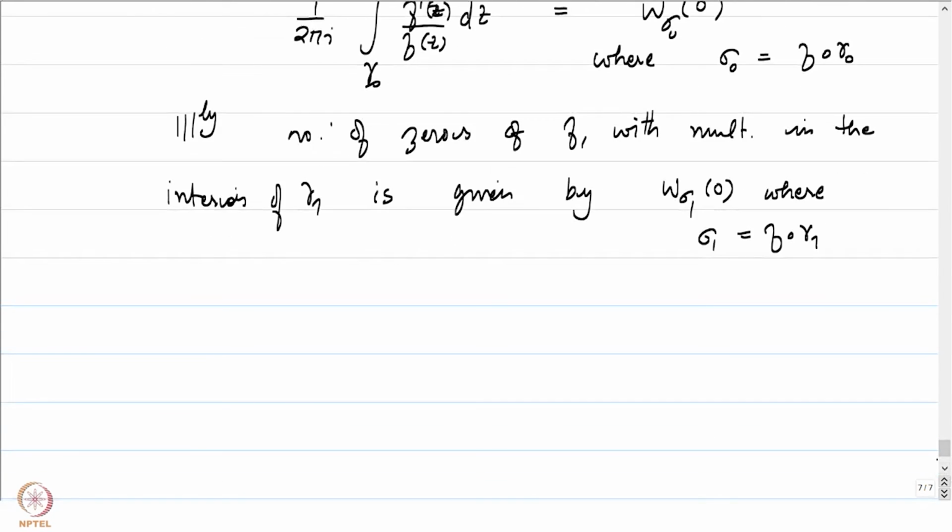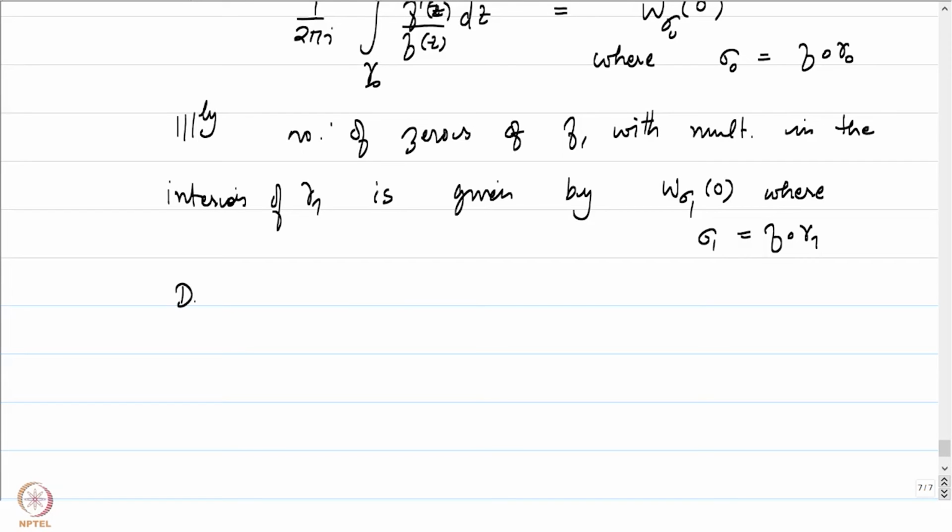Now, the winding number is something which is preserved by homotopy. I am going to define a homotopy from sigma 0 to sigma 1 and thereby conclude that W sigma 0 of 0 is the same as W sigma 1 of 0. Recall that the homotopy has to be in C minus 0.